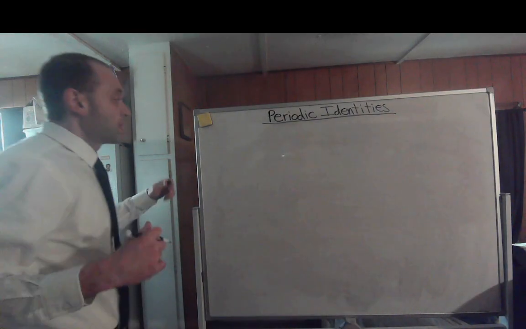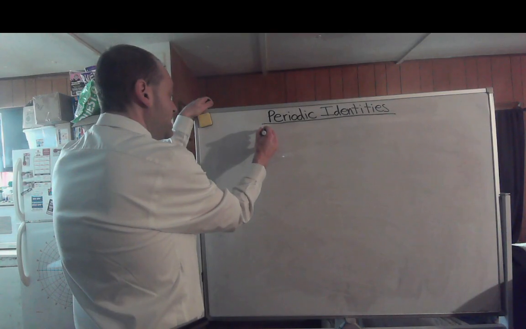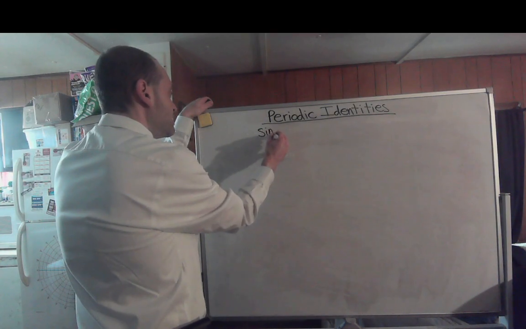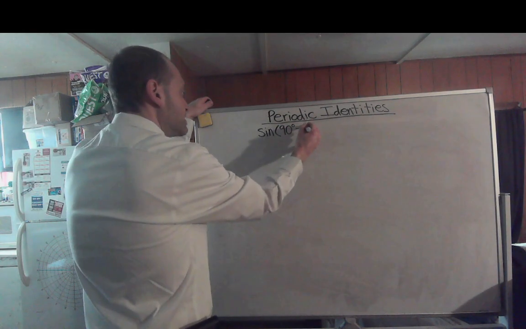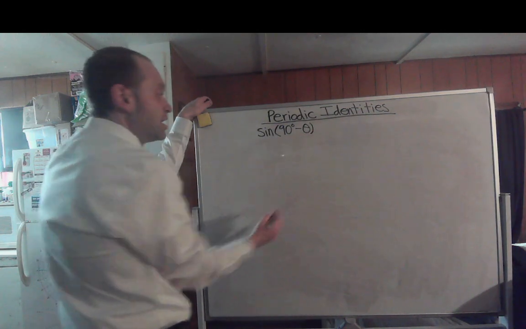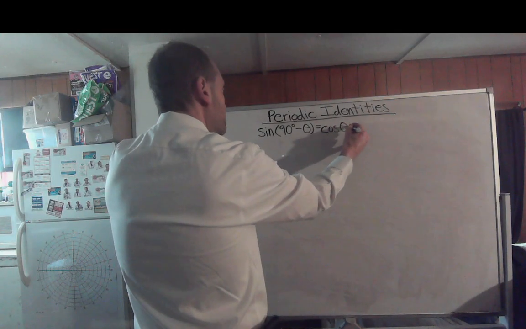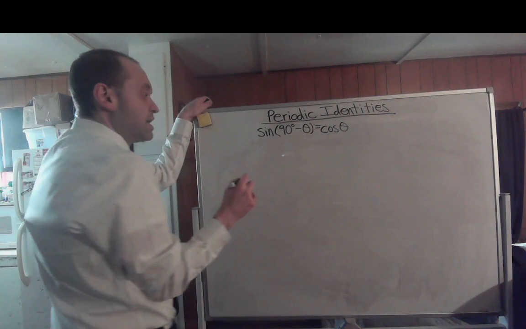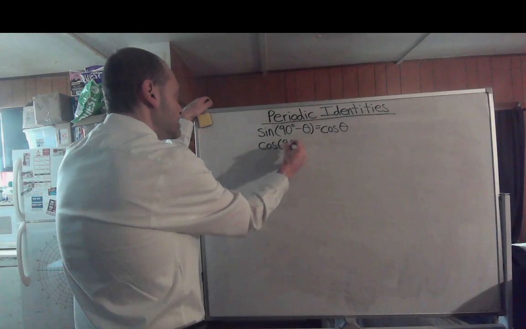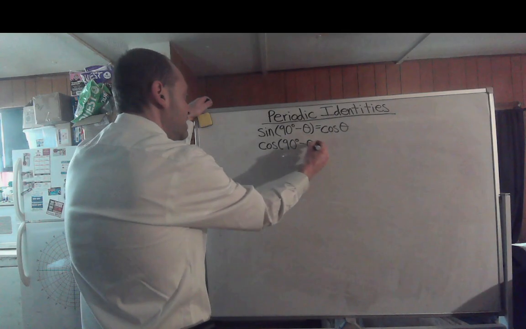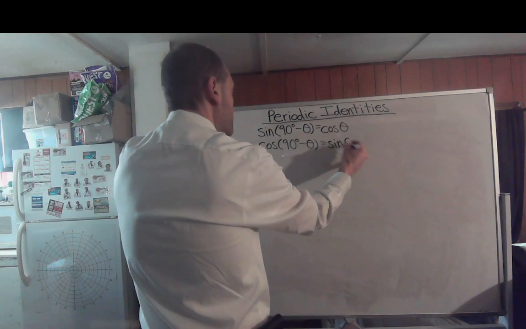But it's important to know that if you take the sine of 90 degrees minus theta, that's equal to the cosine of theta. And then if you take the cosine of 90 degrees minus theta, that equals the sine of theta.